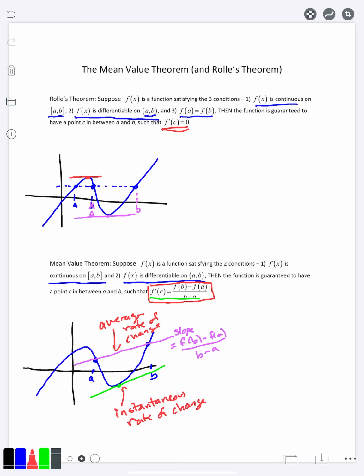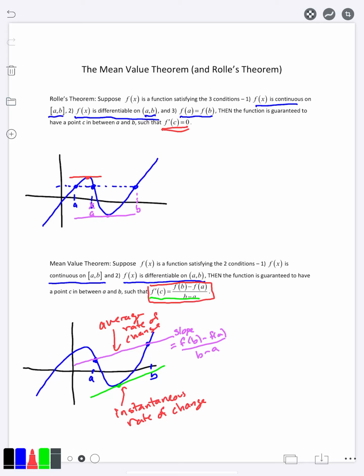So just because your average is 60 does not mean that you were going 60 all the time. However, the mean value theorem tells you that we are guaranteed that you were going 60 at least at some point in time. Maybe not the whole trip, but there was at least one point in time where you're going 60.